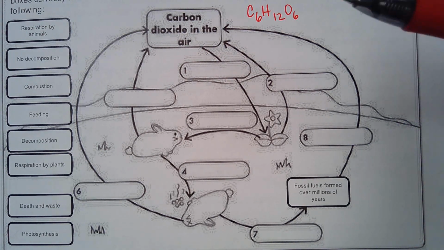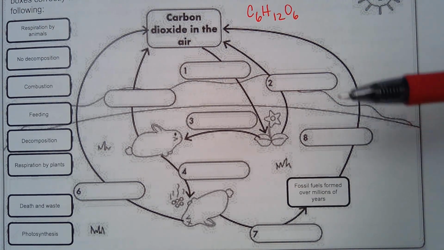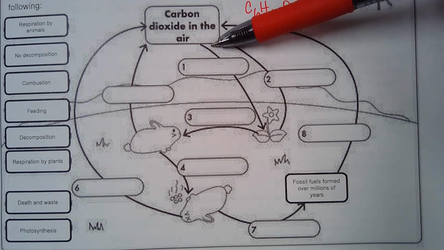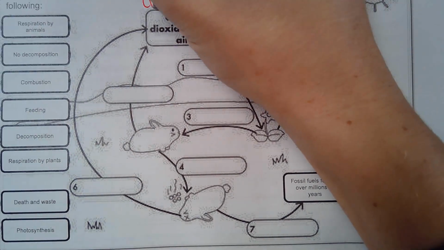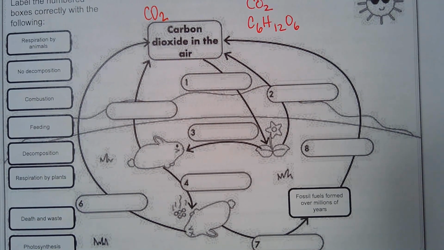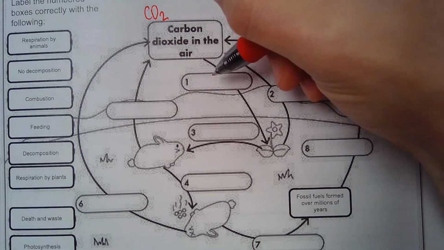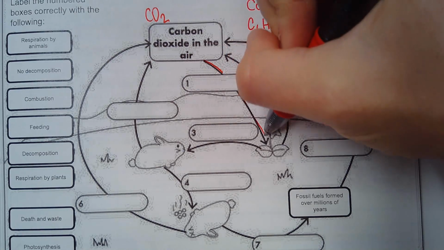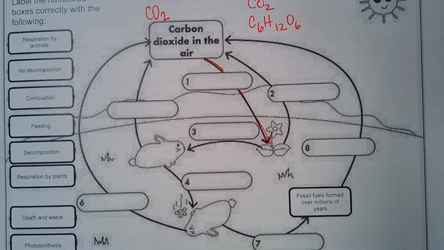And so here we have a diagram, and we have carbon dioxide in the air. So there's CO2 in the air. Number 1 here shows that carbon going into a plant. And that's the process known as photosynthesis.